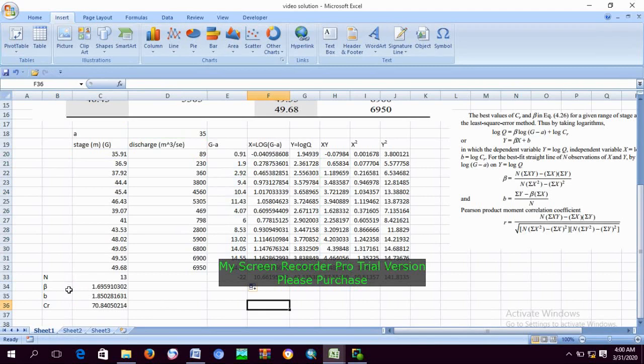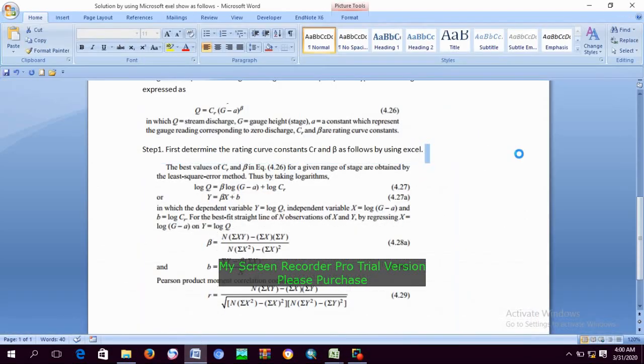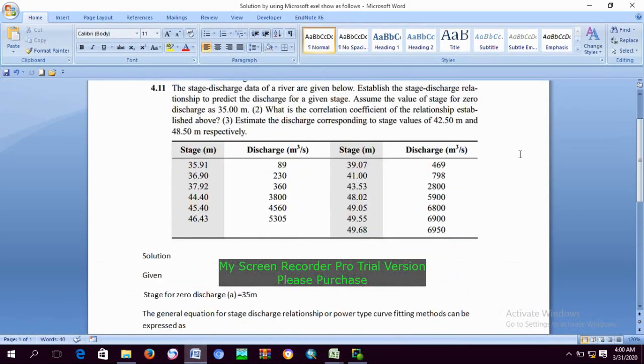So from this, n is equal to 13, beta is equal to 1.6959, b is equal to 1.85, and c is 70.84. This is the relationship from our question.